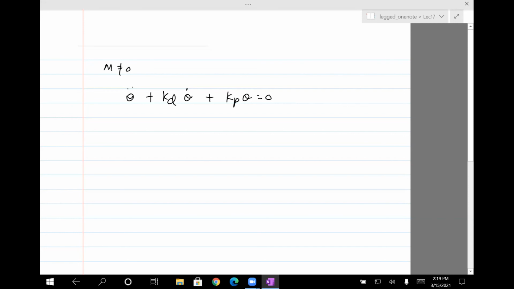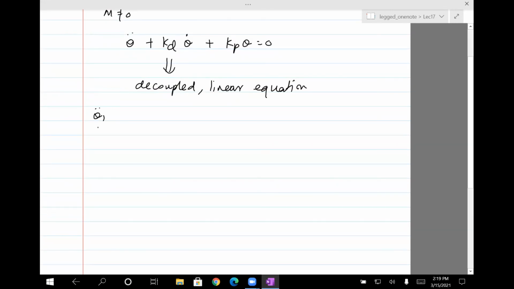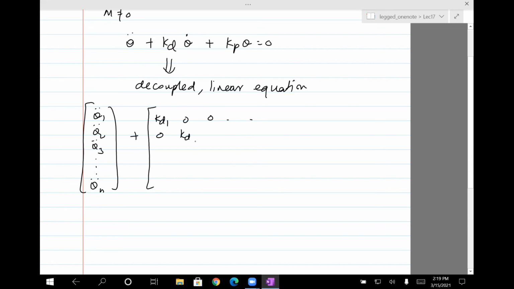Now, the beauty of this form is that this is actually decoupled linear equations. So if I expand this out, I would get something like this. That's the first term plus Kd. So Kd will be Kd1, 0, 0, 0, Kd2, 0, 0, 0, Kd3.